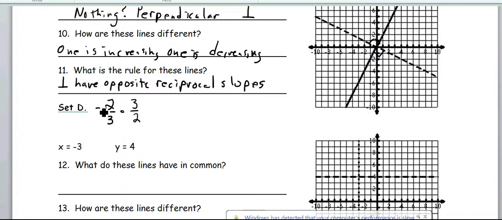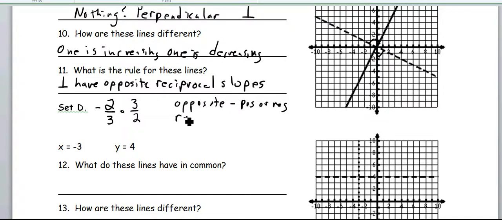If I start with this negative, then this would be a positive. So opposite has to do with positive or negative, and reciprocal is flipping the fraction.